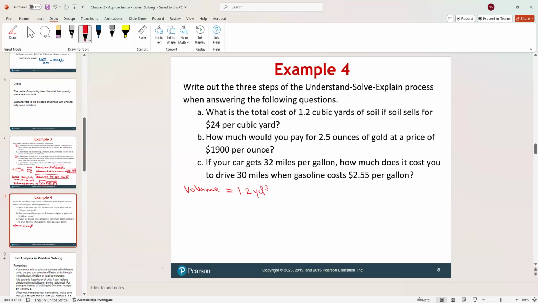Yes, you need to convert 1.2 cubic yards to dollars by using the conversion: one cubic yard equals $24. That's it. So that's how you find 1.2 times $24 when you take your calculator. This one would give you how much? Let me try it with my calculator. That would give you, on my calculator, $28, right?